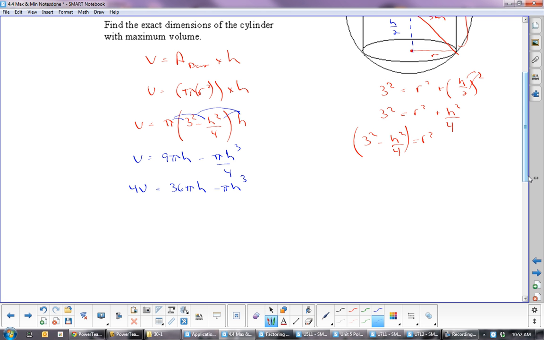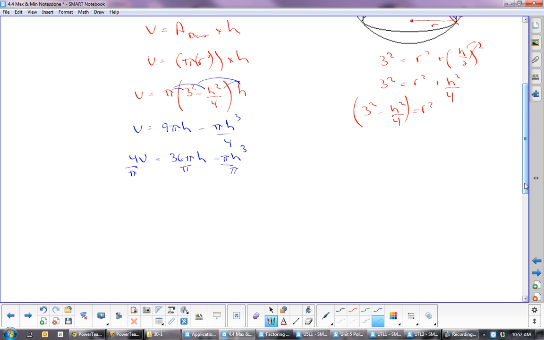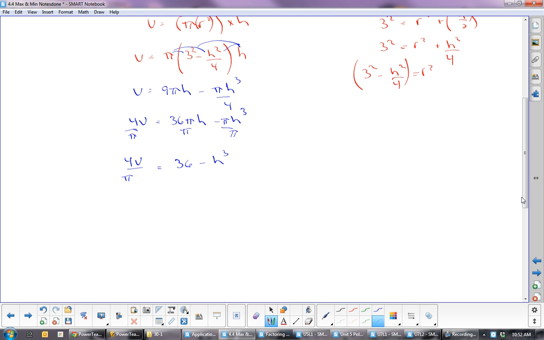There's one more thing you could do to make your life easier. I would divide everything by pi, because that's going to put that here, which still is a constant. If you didn't see it, you're still going to get the right answer. But when I get to that derivative, the simplest one is the best, 36h minus h cubed. And that's a pretty good derivative on the right side. Very easy.